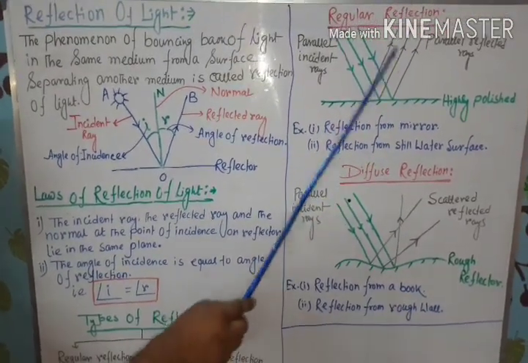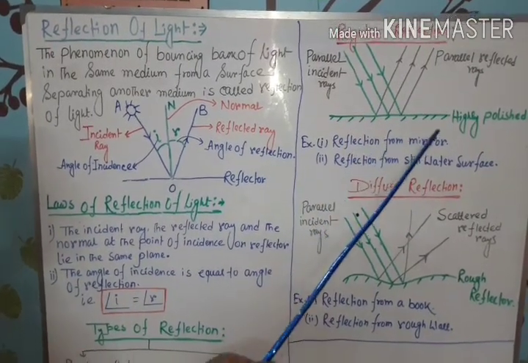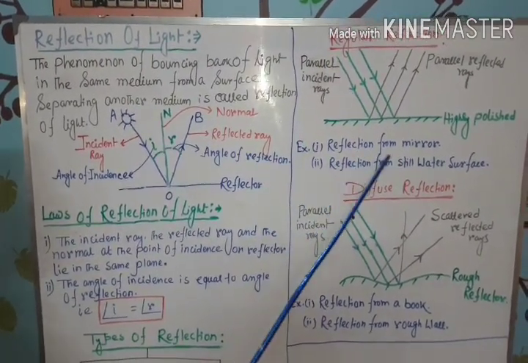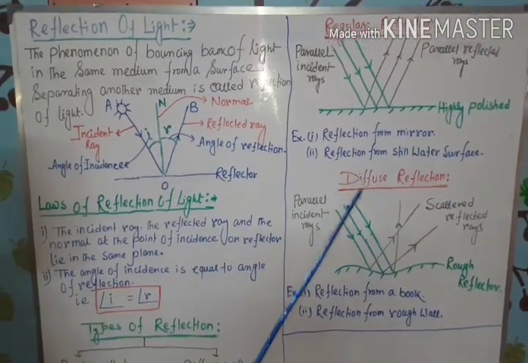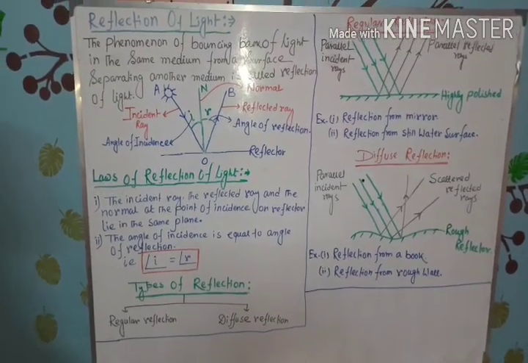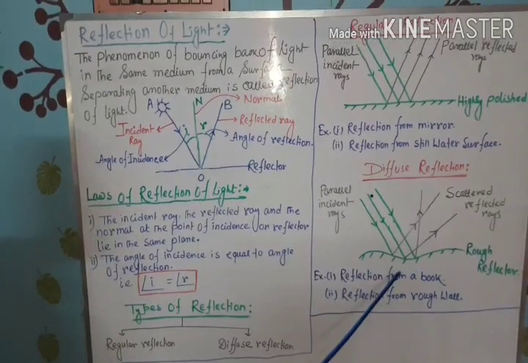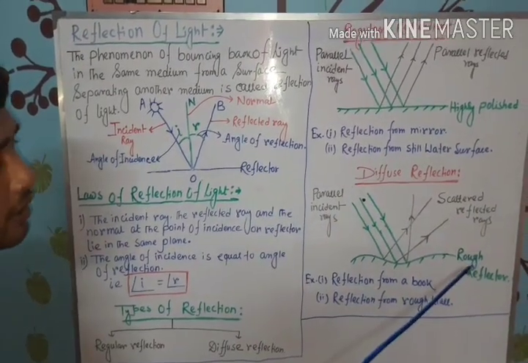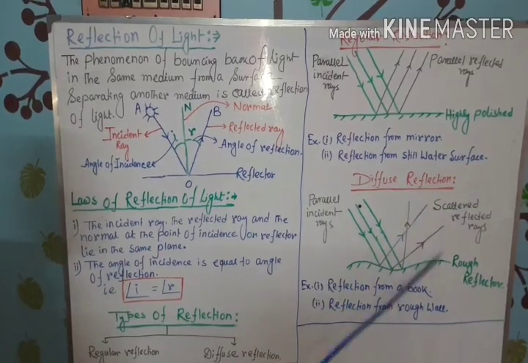The examples of regular reflection are: number 1, reflection from a mirror, and number 2, reflection from a still water surface. Next, diffuse reflection. Whenever the reflector is a rough reflector like this, diffuse reflection takes place.